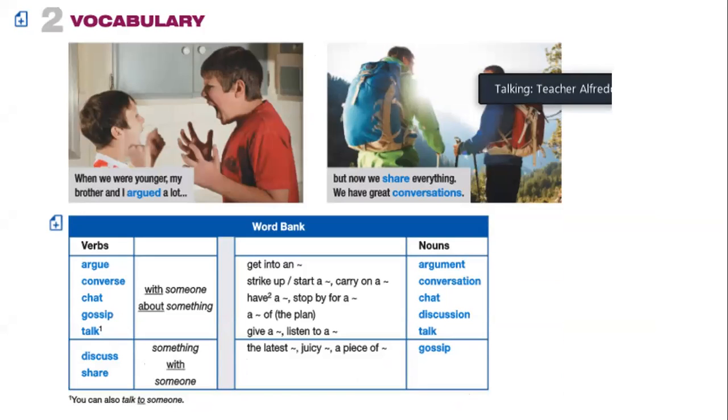If we use these verbs in ing form, the verbs you see here, like argue, converse, chat, gossip, talk, discuss, and share, in ing form, like arguing, chatting, gossiping, talking, discussing, etc., you are going to identify a person just telling what this person is doing. So if you use a verb in ing form, you basically identify or say what the person is doing.